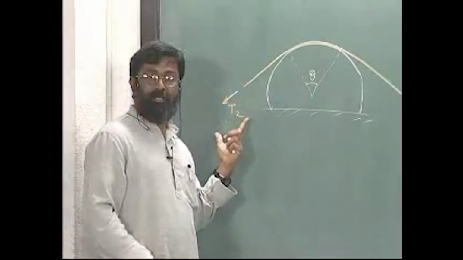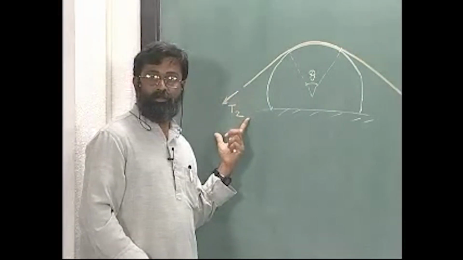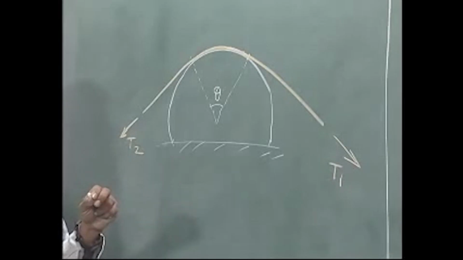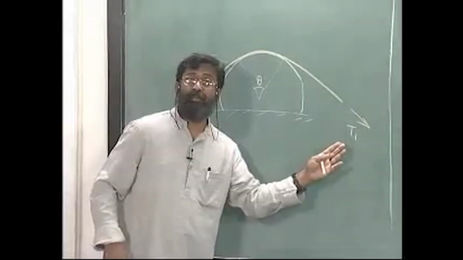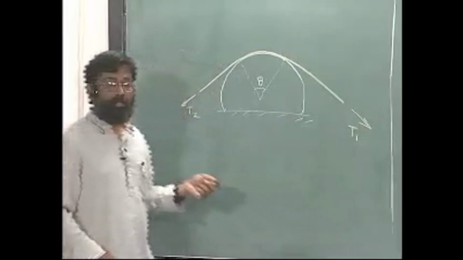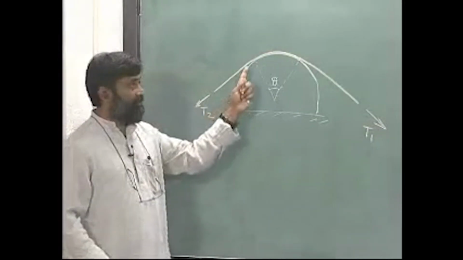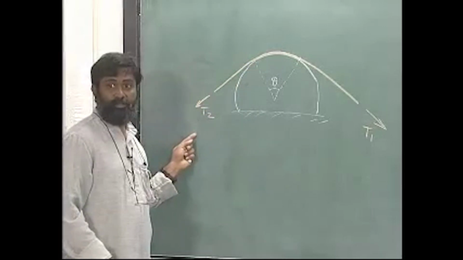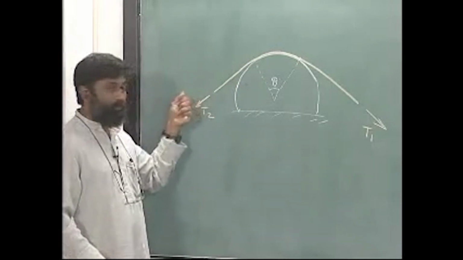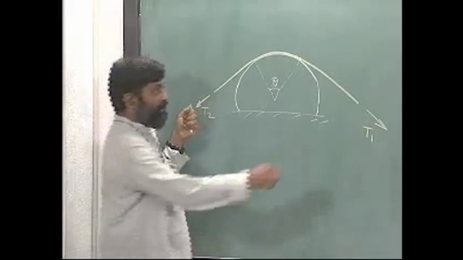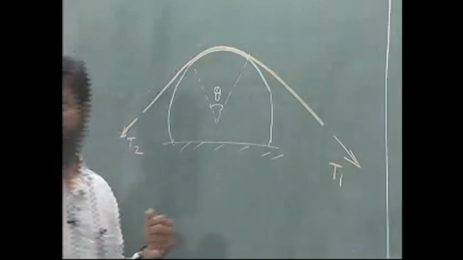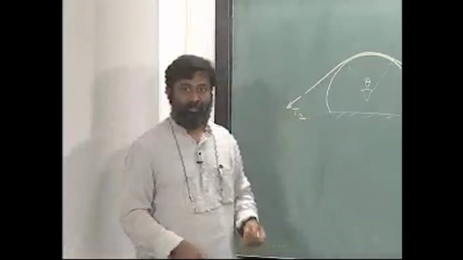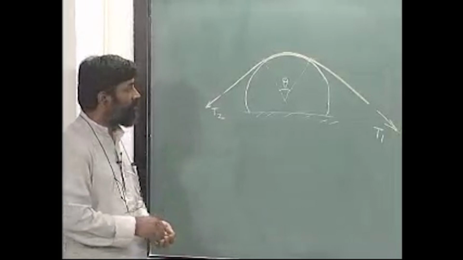And therefore, there will be a T2 that can act in this direction, okay. Now, the question is, what is the force T1 that has to be applied in such a way that I have a T2 over here, okay. So, I am just going to pull it with T2 and ask what is the T1 that I have to use in order for it to just start to move. So, that is the idea, alright.